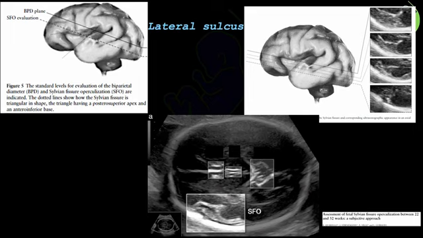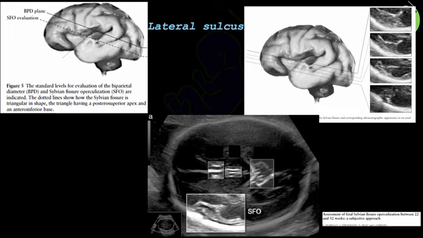It is because of this triangular configuration that its ultrasound appearance changes depending upon the level of the axial scan. The image in the upper right corner demonstrates how the visualization of Sylvian fissure varies at different scanning planes, highlighting the importance of using a consistent anatomical landmark for accurate assessment.